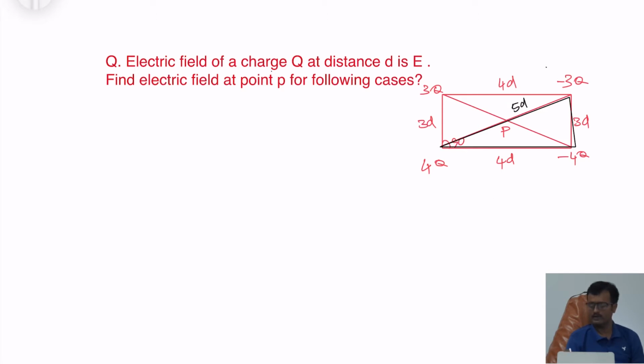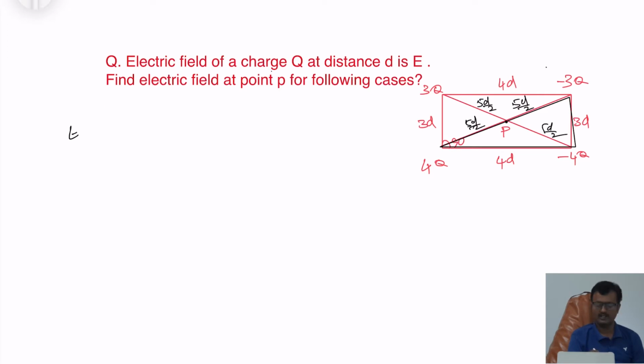So point P is exactly at the mid of 5D, so each half becomes 5D by 2. 3Q and minus 3Q are at the same distance from the point P, so their magnitudes become equal.